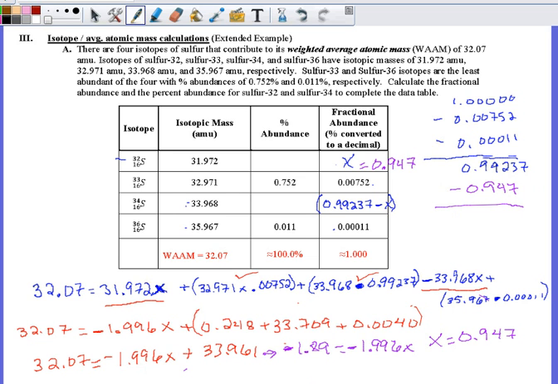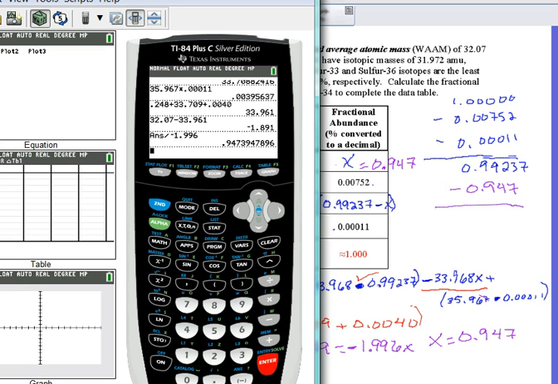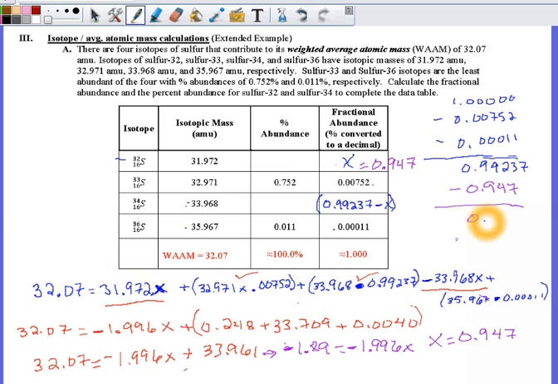So on my calculator, 0.99237 minus 0.947, and I get, with 3 decimal places, 0.045. So this is what that is, right? This is that.